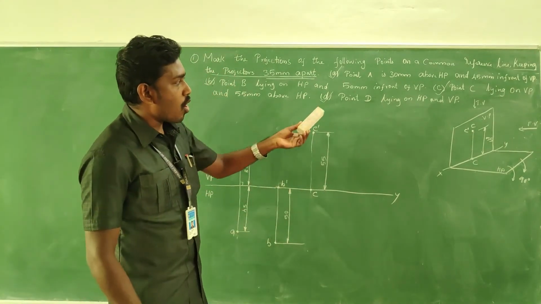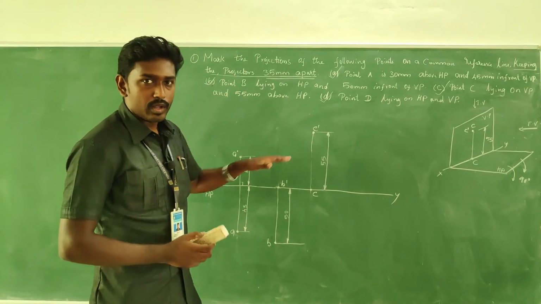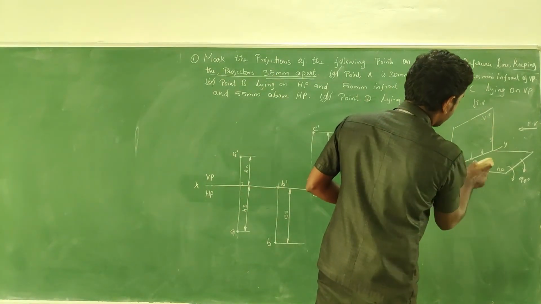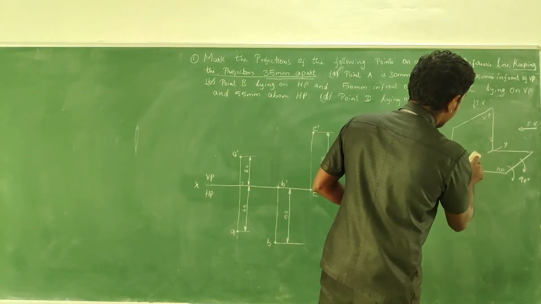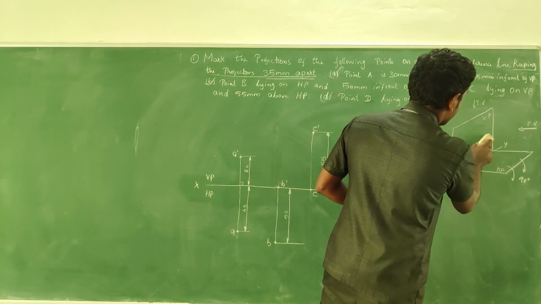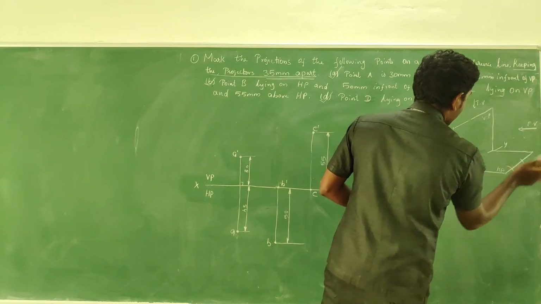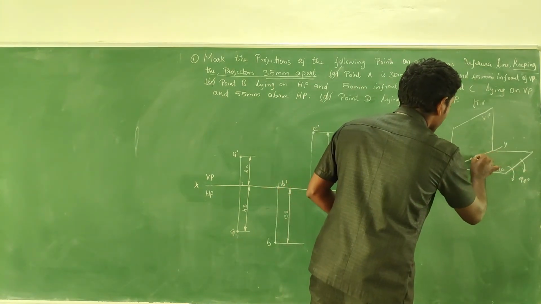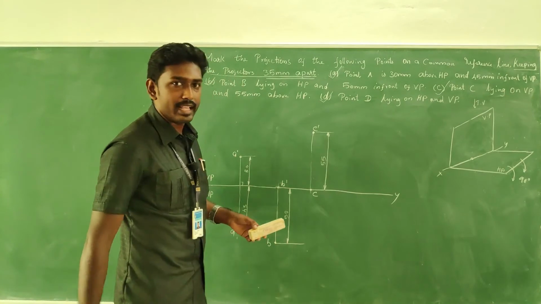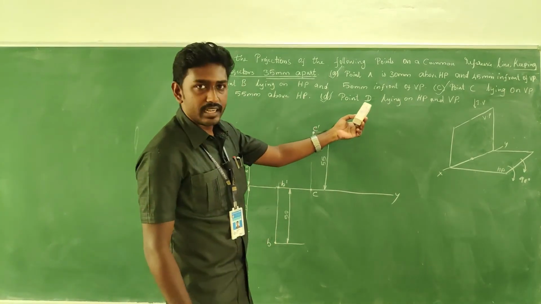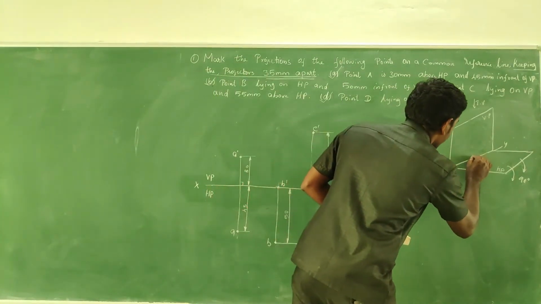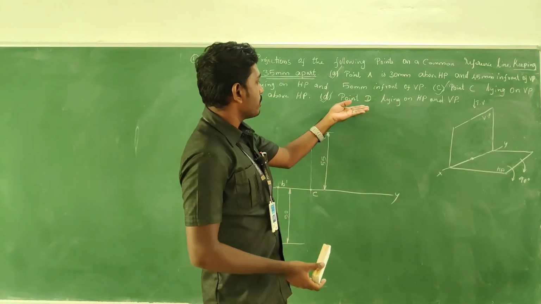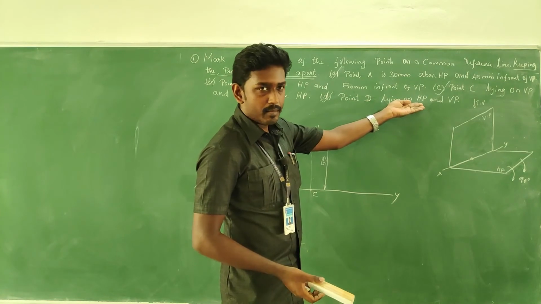Point D lies on HP and on VP, right? For that I am going to use the same diagram. This is our reference line XY. If I want to place the point for this condition, I can place it somewhere here on the reference line XY, because there is no measurement given.